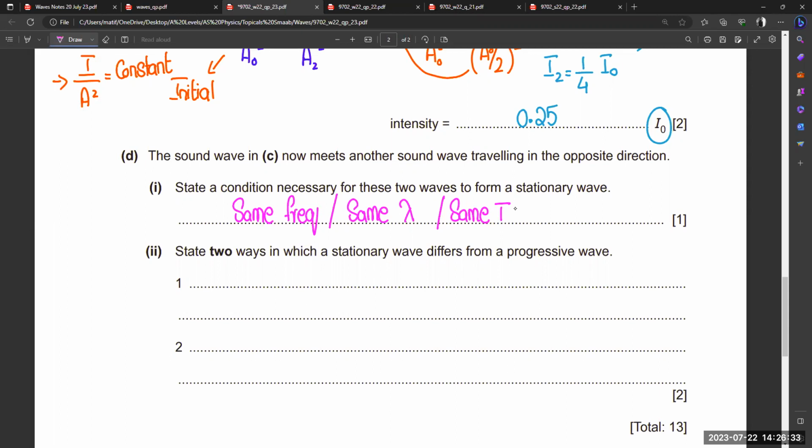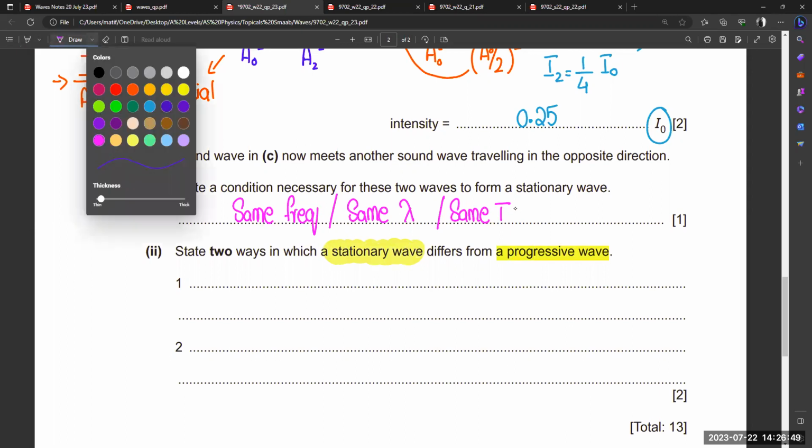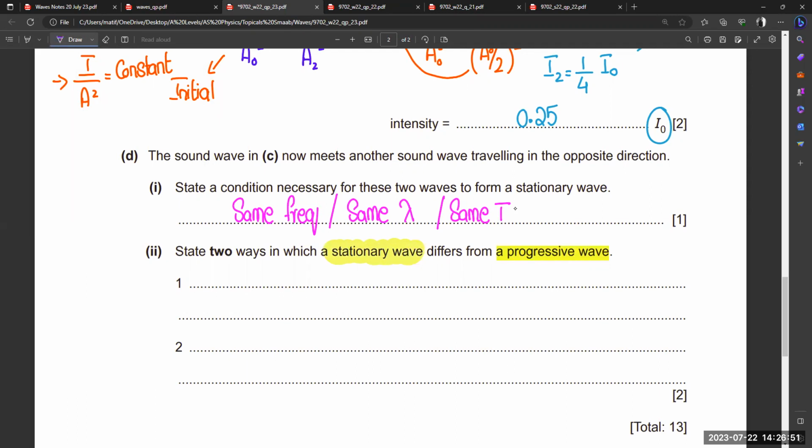And the last part is: state two ways in which a stationary wave differs from a progressive wave, that we already discussed at the start of this question. This question is related to the progressive wave, and progressive and standing waves are different from each other. So you need to write two differences between progressive and standing waves.